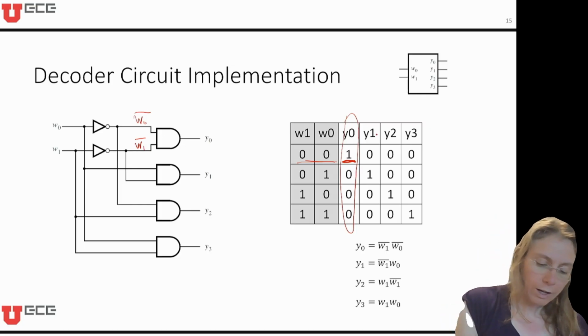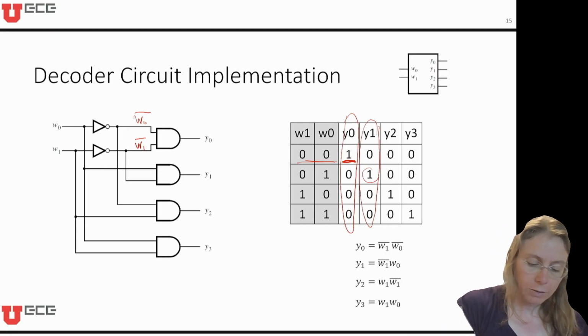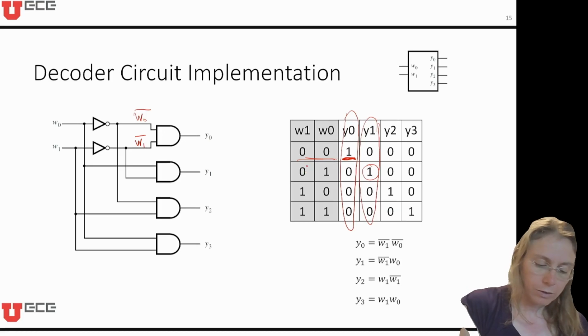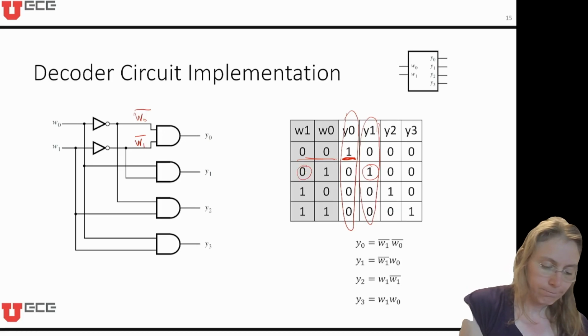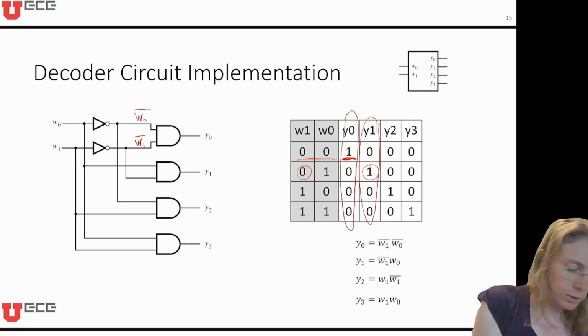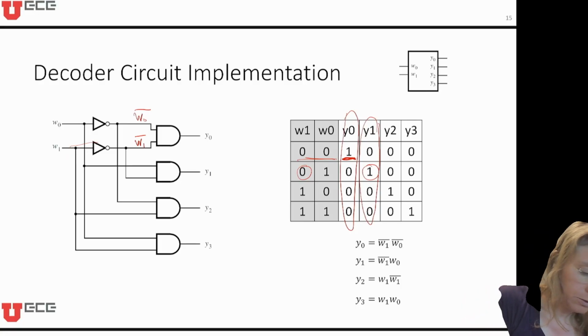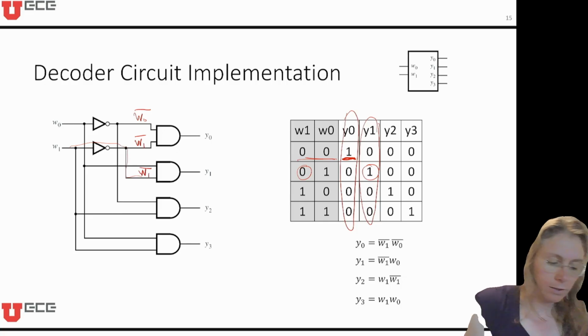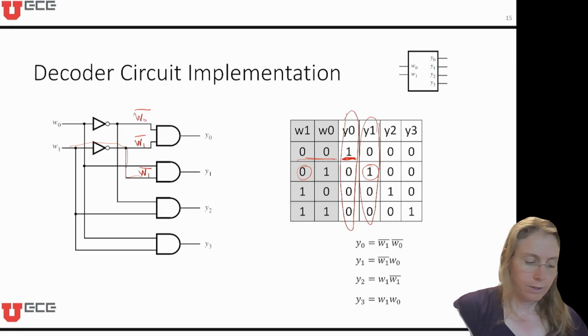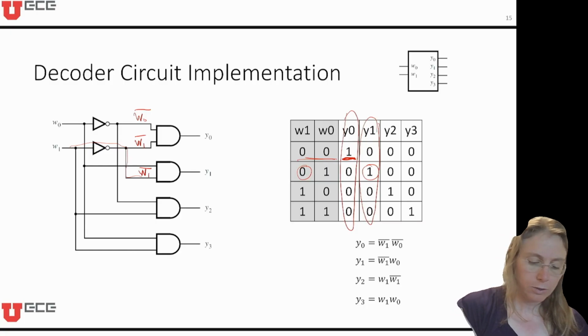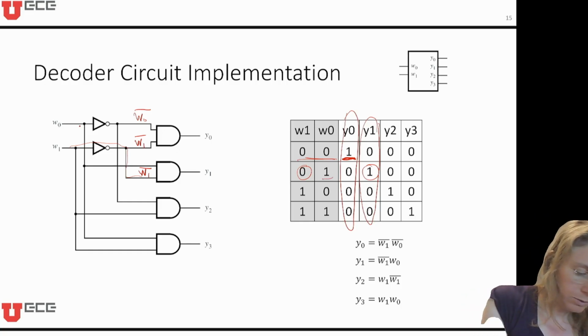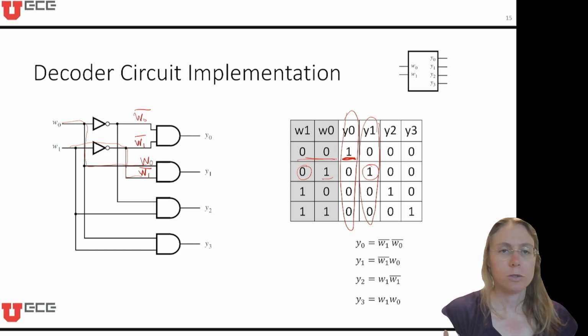Similarly, Y1, the only time we want the output to be 1 is when W1 is 0, so that's not W1, and W0 is 1. So W0, tracing down this way, is true.